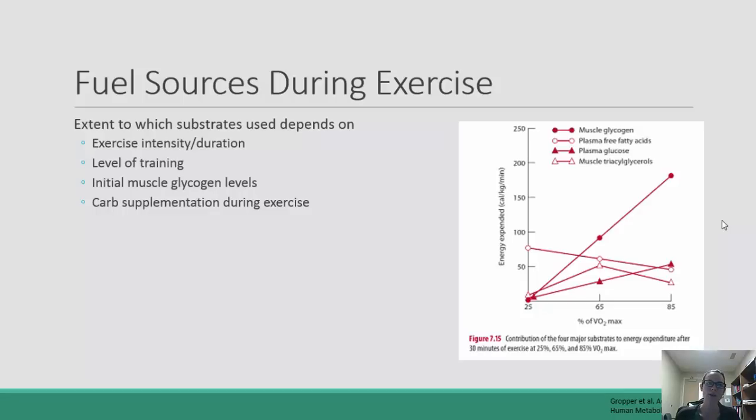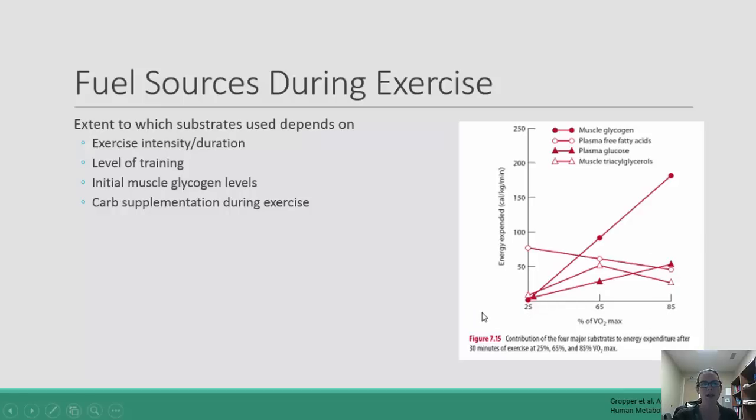But basically, at lower intensities, we can utilize fat more effectively, and then as we get to be more intense, we really need to rely more on carbs. It also has to do with level of training, and let's look at this carefully here, because I'm going to refer back to it in the next slides. But basically, percent VO2 max.